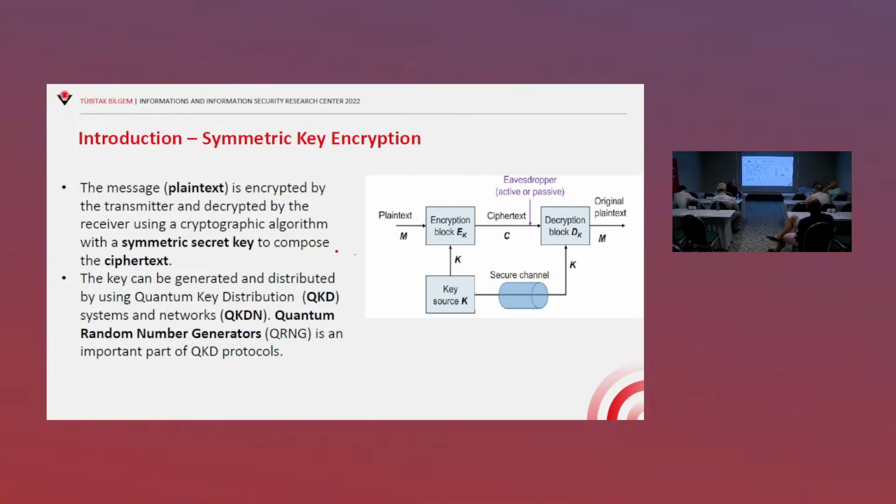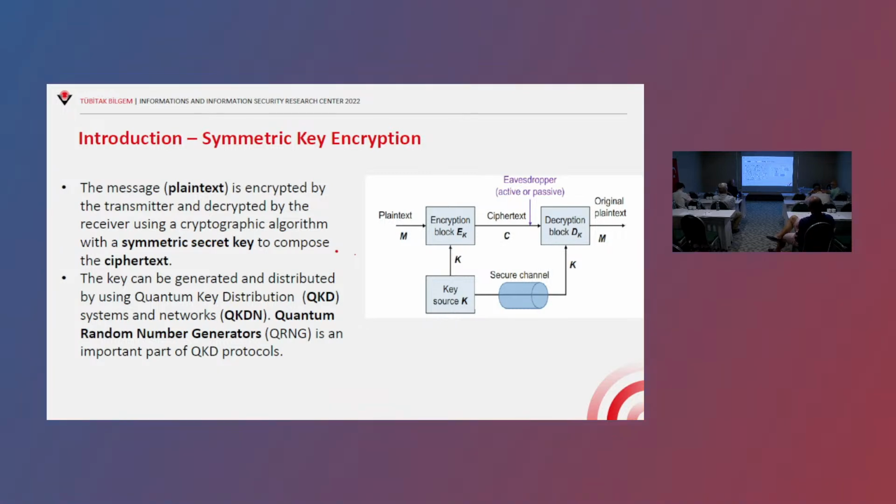Alice has a plain text that she would like to encrypt using a cipher, using a key. And Bob, likewise, in the scheme of symmetric key encryption, would typically have the same exact key as Alice, and would decrypt the ciphertext.